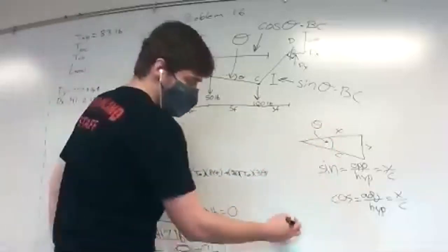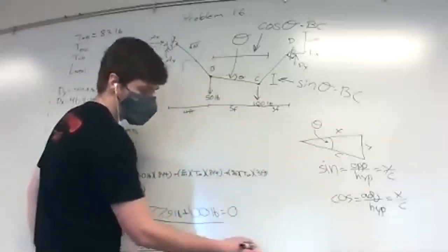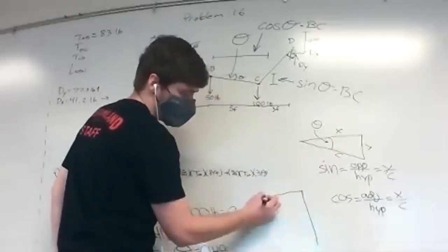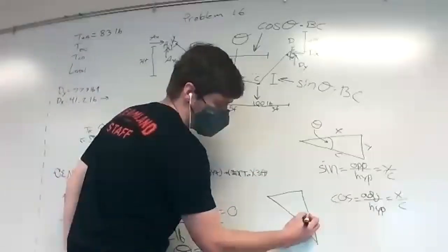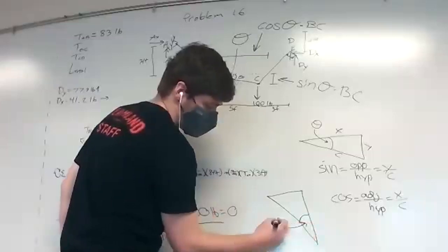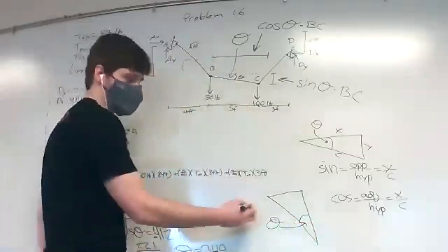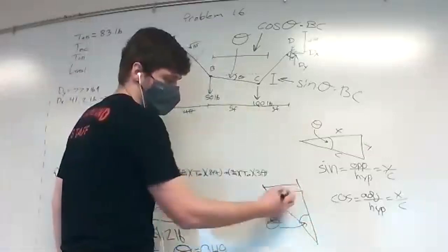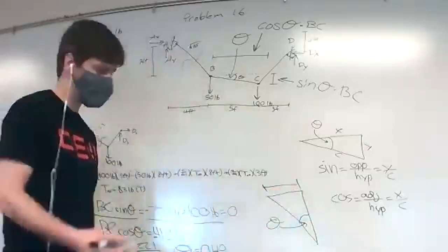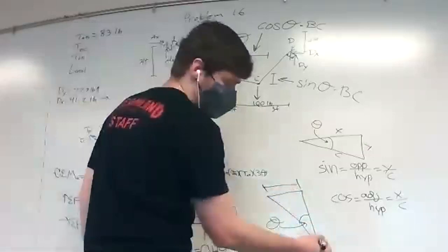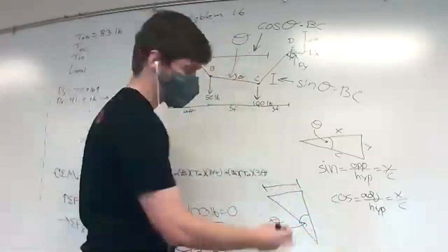Because what happens is, if we have a triangle that looks like this, and here's our theta, sine on this triangle is this side. So sine is going to be our x component.